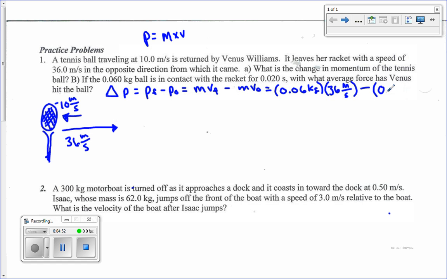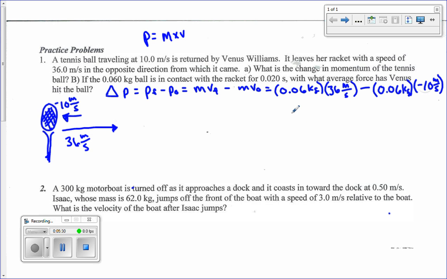So that's going to be 0.06 kilograms times, what's the initial velocity? Negative 10 meters per second. You should see here 0.06 times negative 10 meters per second. It ran off the board there. Okay, so 0.06 times 36 meters per second.